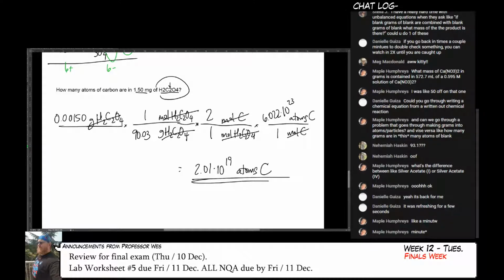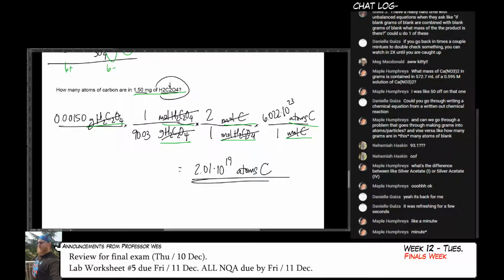Let me just walk through what I did again, just in case. First thing I did was take my problem and convert to grams, because that's where I want to start. We want to turn grams into moles. We'll turn moles of the molecule into moles of a part using the molar ratio, and then moles of anything can be converted to number of that thing.